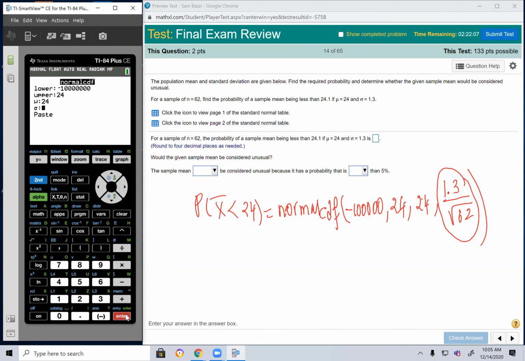But the standard deviation, guys, is 1.3 divided by the square root of, what's the sample size again? 62. Close parentheses. And I got 0.500.